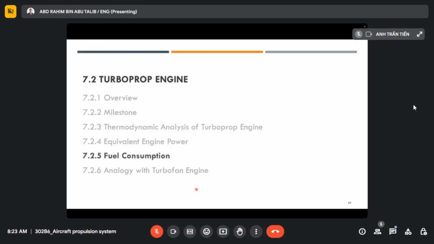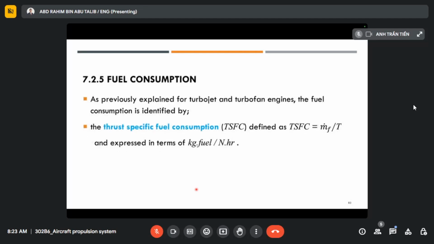Right. Let us move into 7.2.5, how we are going to calculate the fuel consumption for a turboprop engine. As previously explained, during the past 3 weeks, we looked already at turbojet and turbofan engines.